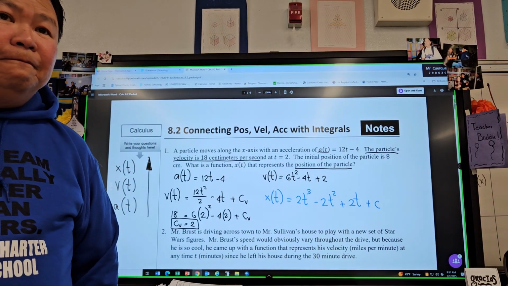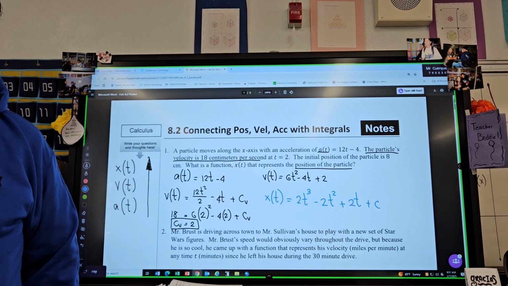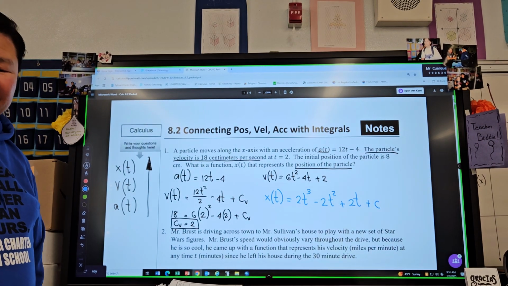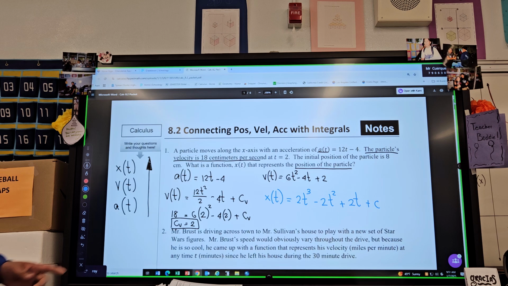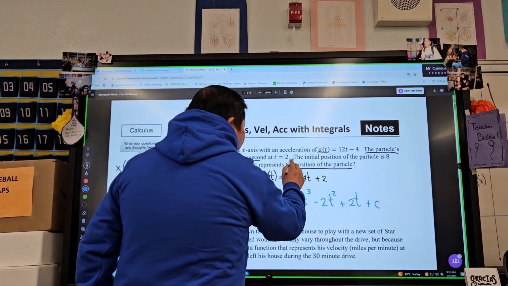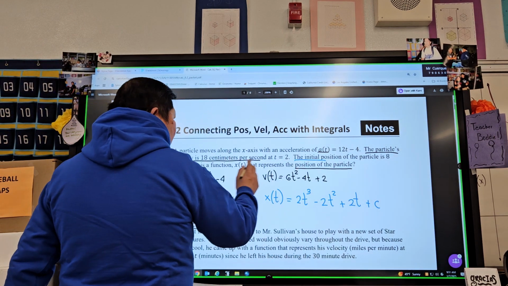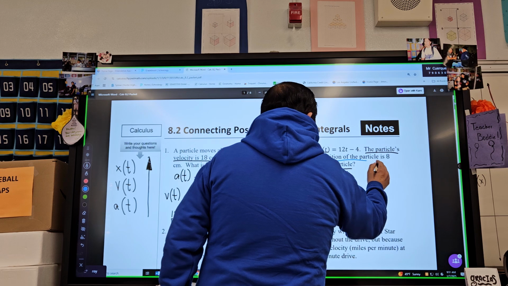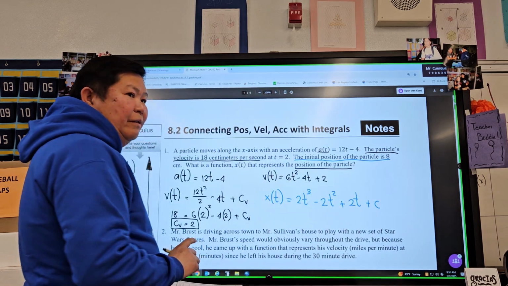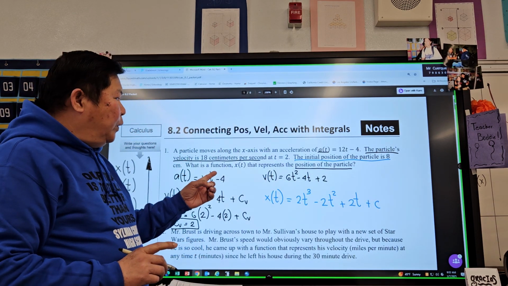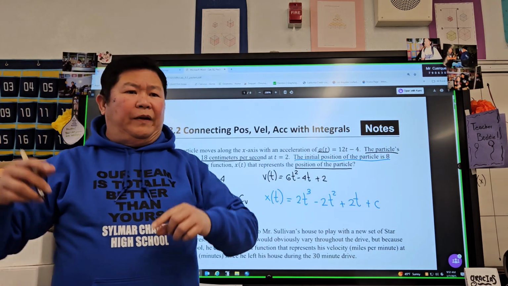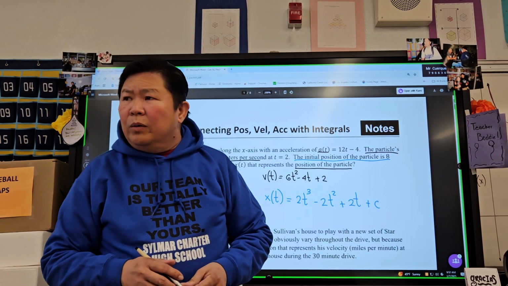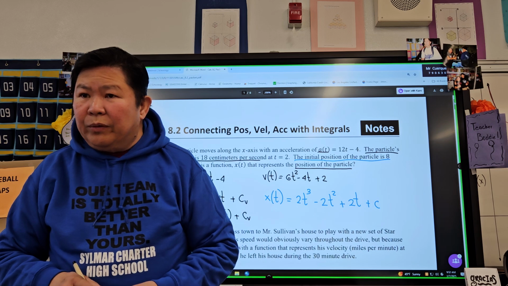Plug in. What to plug in? 8. Okay. The initial position of the particle is 8. Initial position. So what do you mean by this initial position? In our concept of algebra, this is the y-intercept, right?